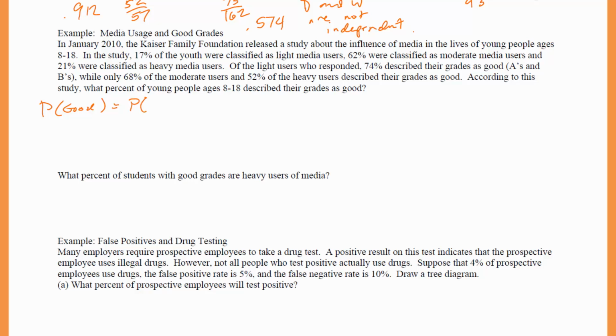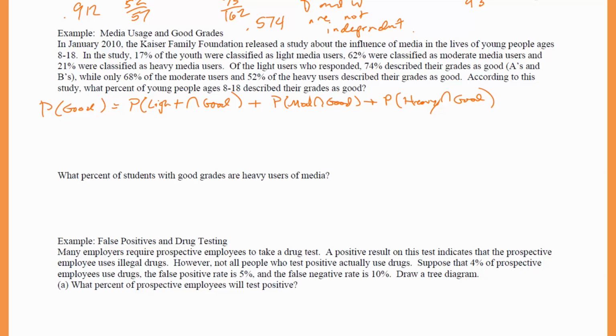So the probability of light and good. Or they could be moderate media users and have good grades. Or they could be heavy media users and have good grades. So we basically can break this down into those 3 different cases.